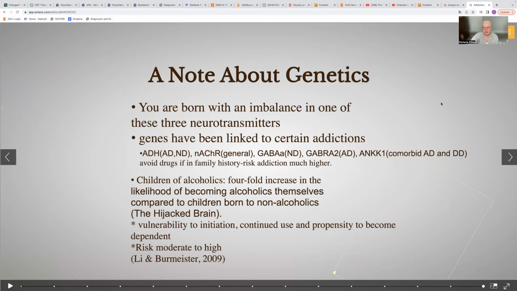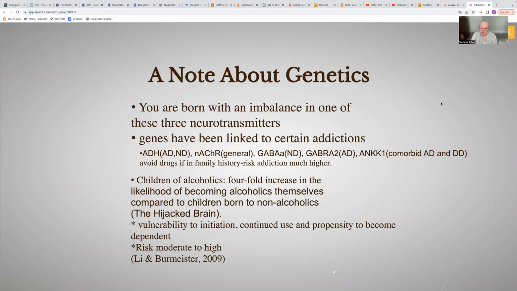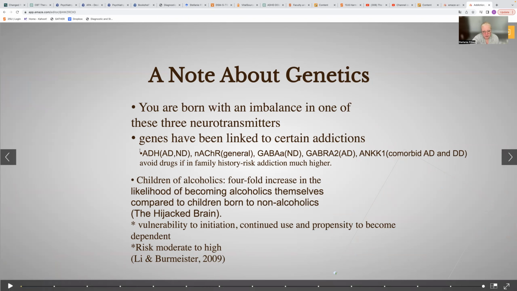Okay, a note about genetics. You are born with an imbalance in one of these three neurotransmitters. We all are. Genes have been linked to certain addictions, and I've listed them here. And again, like I said, they're all like license plates. The ADHD gene is involved with alcohol, drugs.